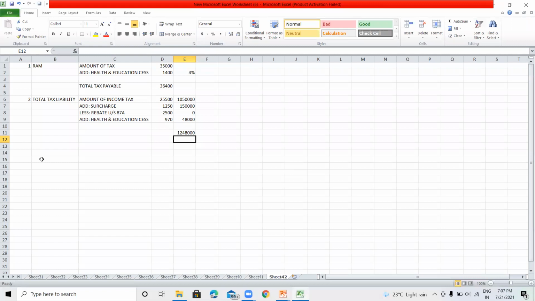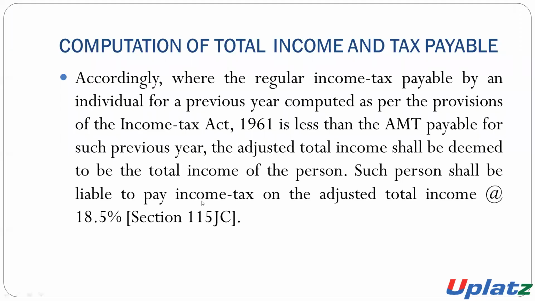For example, the adjusted total income of the assessee is 7,50,000. The AMT rate is 18.5%.